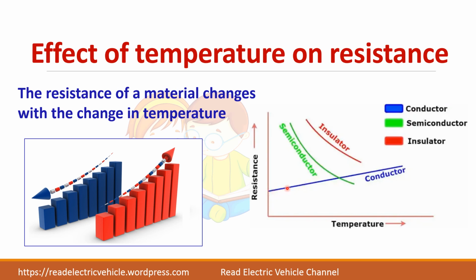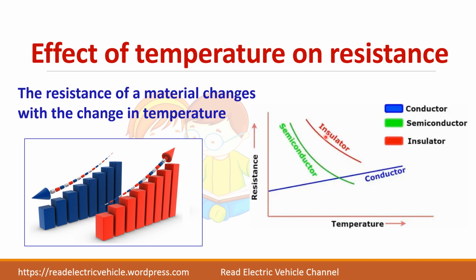After some time, when the machine starts to run, it gets heated up. As the temperature increases, the resistance will increase. If the resistance increases, current will decrease, so that the machine or the winding will not burn out. So that is why conductors are used there.